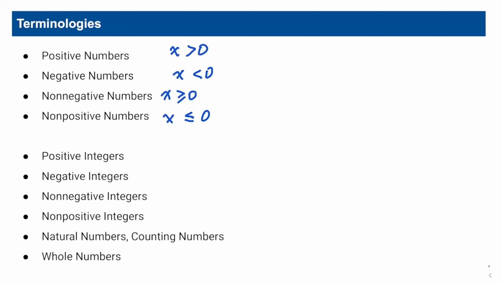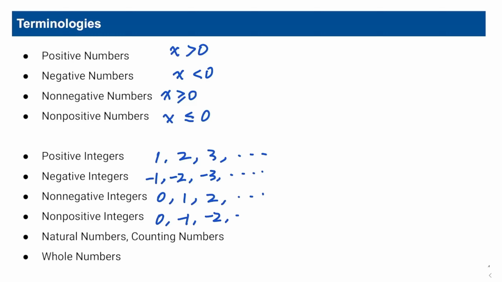Positive integers are 1, 2, 3, and so on. Negative integers are -1, -2, -3, and so on. Non-negative integers start from 0. Non-positive integers also include 0.